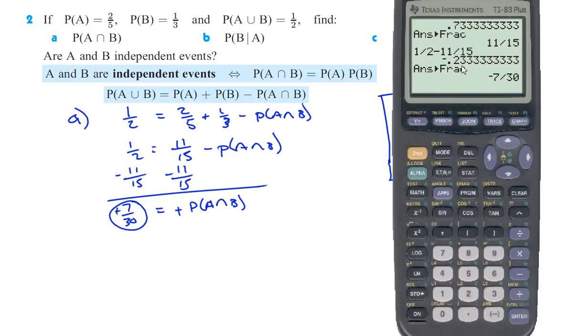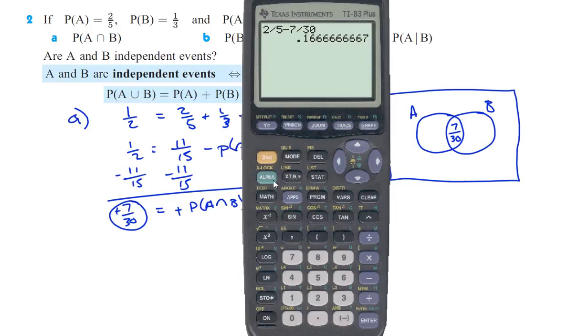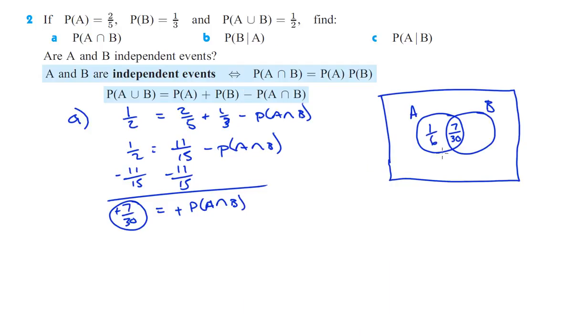So to figure out what just this part is here, we're going to have to do 2/5 minus 7/30ths. And do math, enter, leaves us at 1/6.